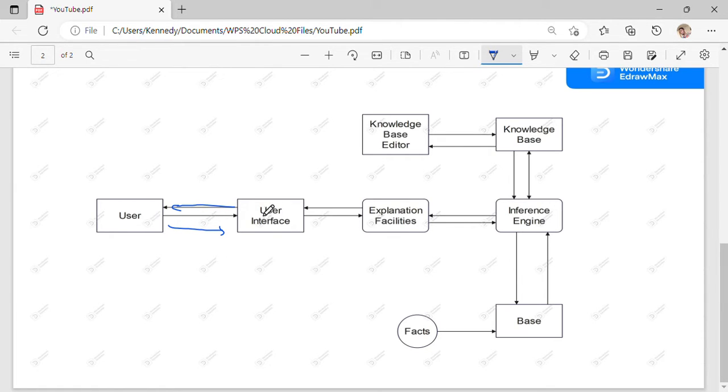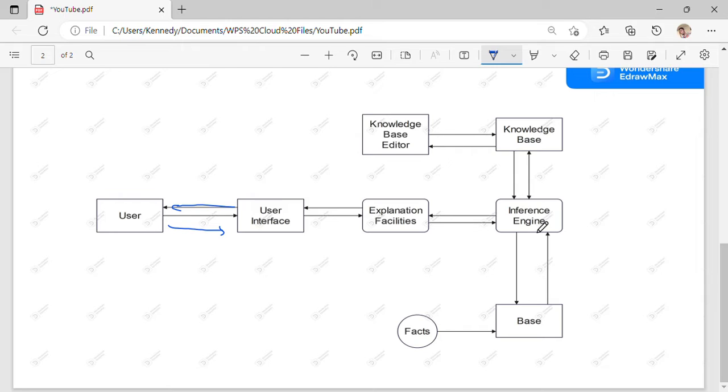The user asks through the user interface, and then the explanation facilities will send the request to the inference engine. Then the inference engine, what's its purpose right here? It will reason with both the expert knowledge in the knowledge base and the data specific to the particular problem.